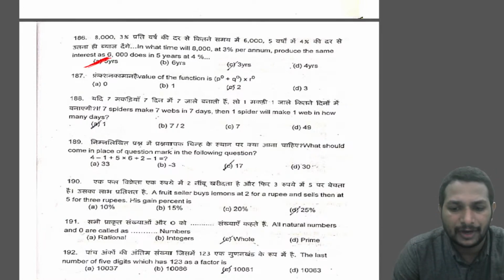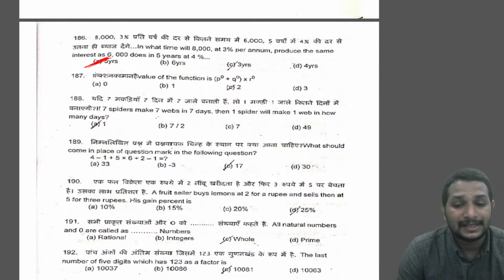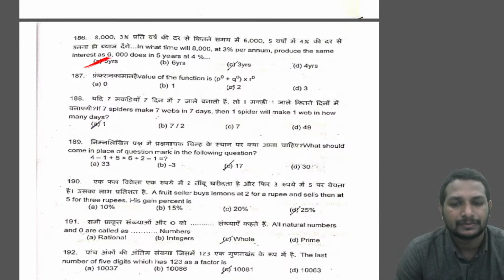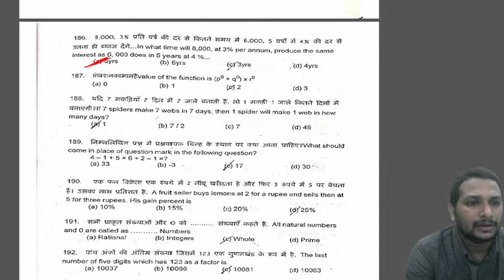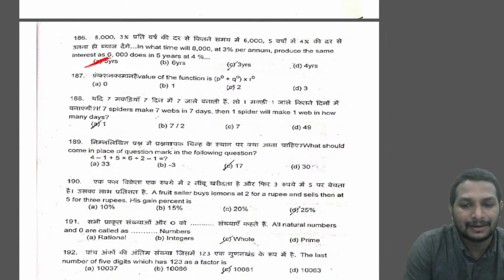Next, question number 187. Here, the value of p power 0 plus q power 0 into r power 0. What do we need to do here? As we know that anything power 0 is always 1. P power 0, q power 0, r power 0, all these values will be considered as 1.